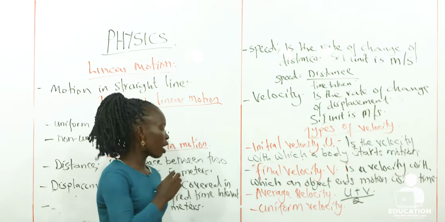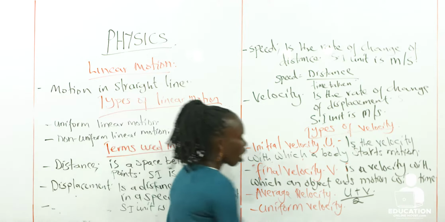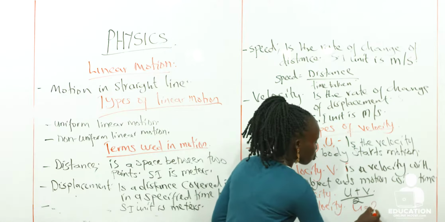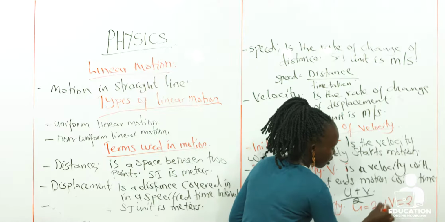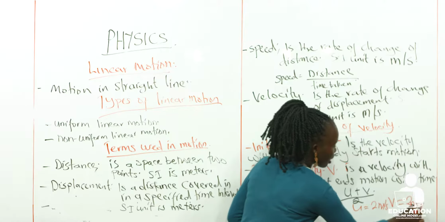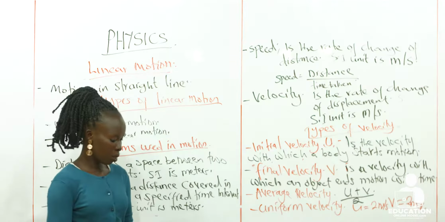That is when the car is moving with a uniform velocity. Meaning that here, if our u is 2 meters per second, our v will still be 2 meters per second, because at uniform velocity the two are equal to each other.